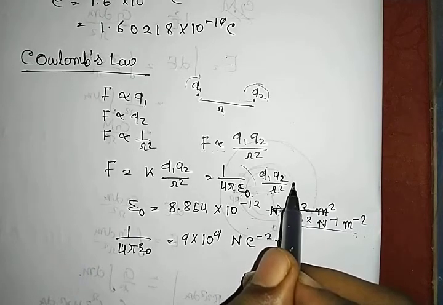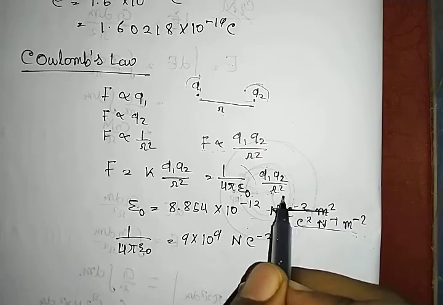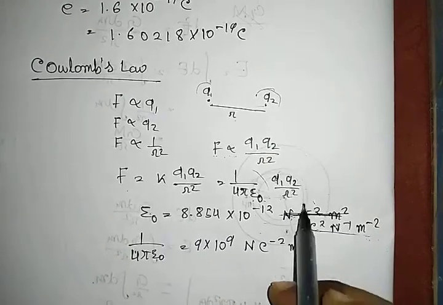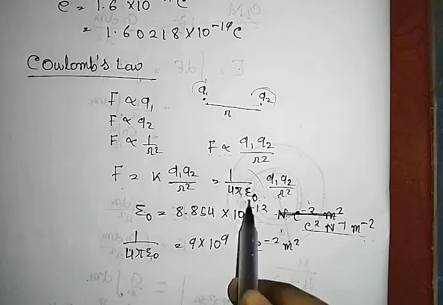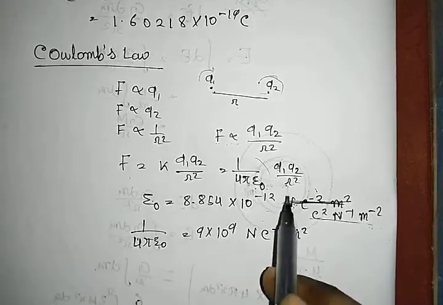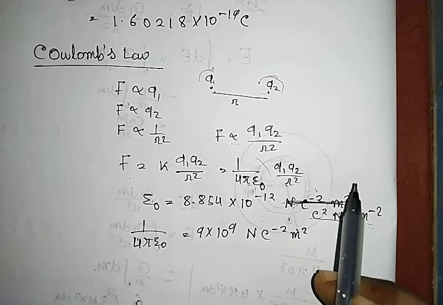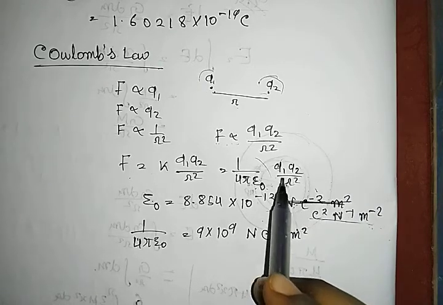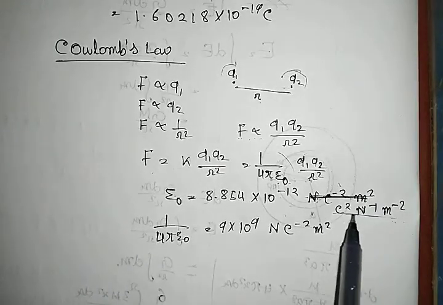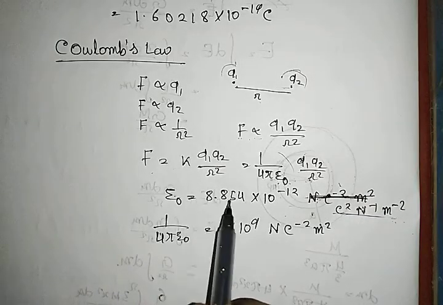So that's Coulomb square per meter square. And we know that force is expressed in Newton, so this constant 1 by 4 pi epsilon 0 has to have the unit Newton meter square per Coulomb square. So this is a kind of cheat code to remember the unit of both epsilon 0 and 1 by 4 pi epsilon 0.